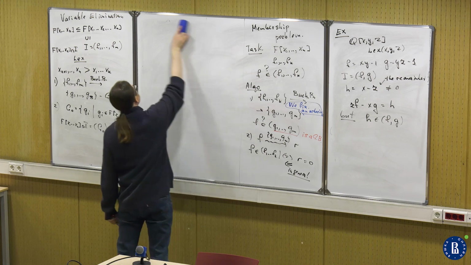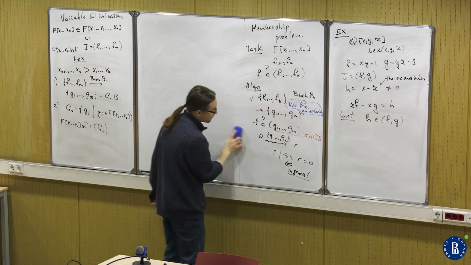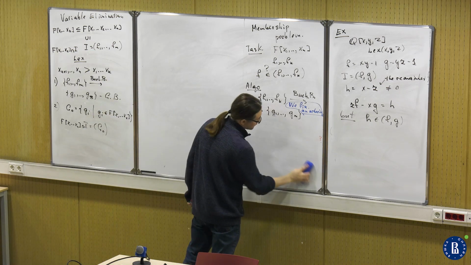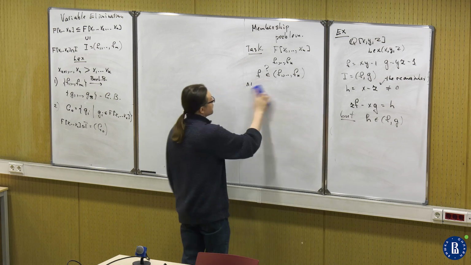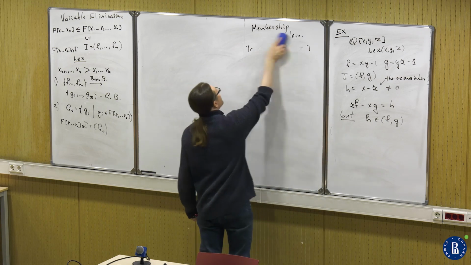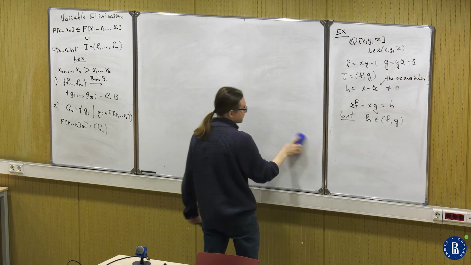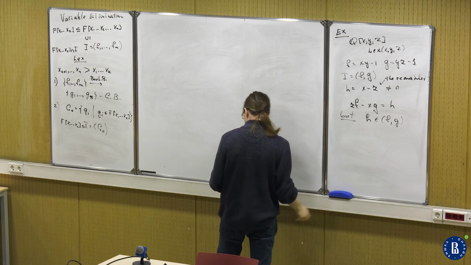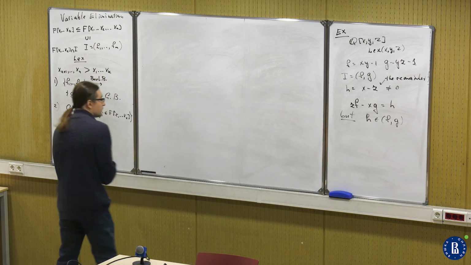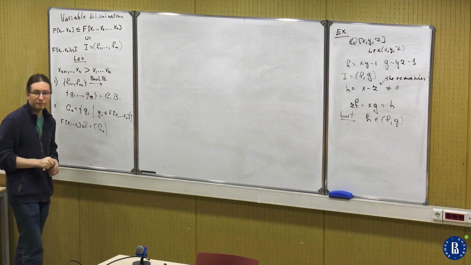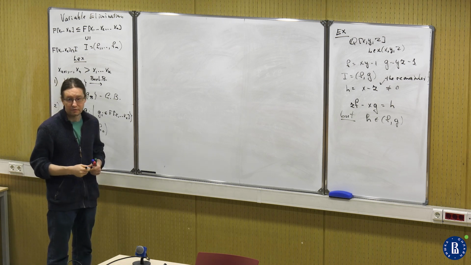Well, in case of one variable, we had this notion of a ring of remainders. Now, since we have a notion of a Gröbner basis, we know how to deal with remainders in case of several variables. So can we define a ring of remainders in case of polynomials in several variables?